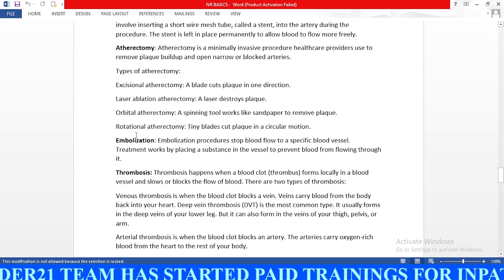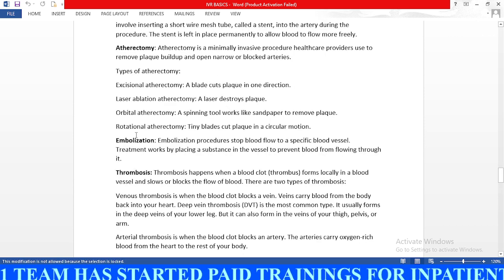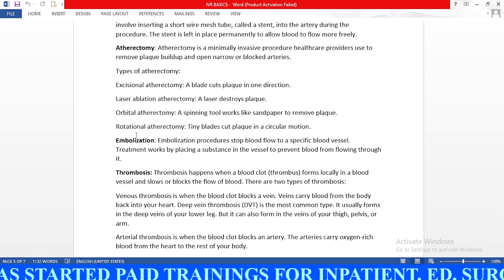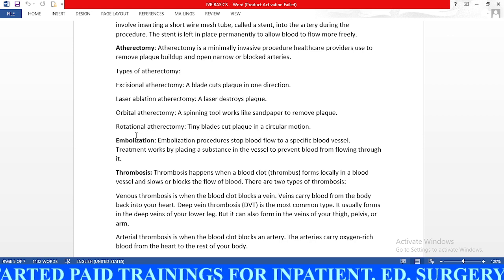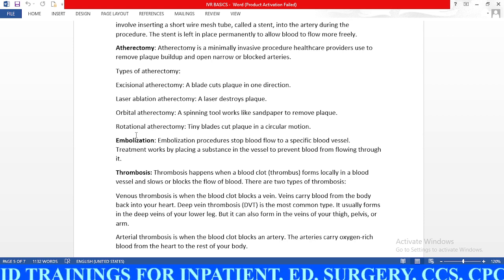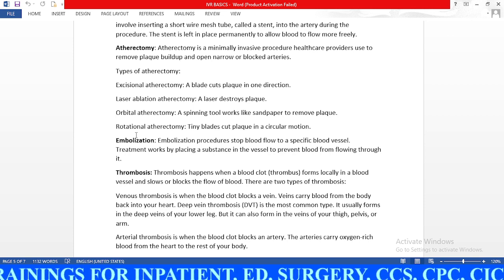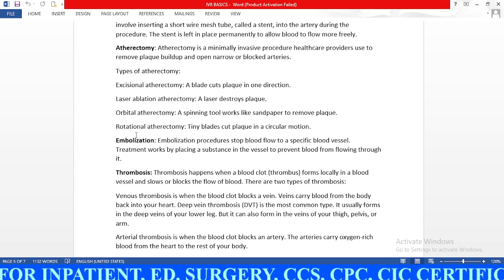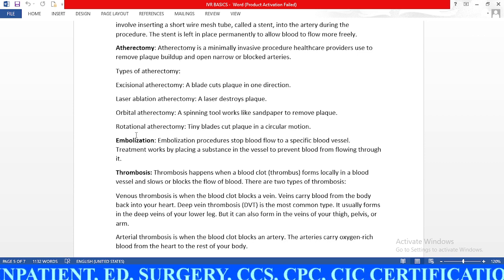So what is atherectomy? Atherectomy is a minimally invasive procedure healthcare providers use to remove plaque buildup and open narrow or blocked arteries. So atherectomy means removal of plaque. In order to remove plaque, the physician will perform atherectomy.